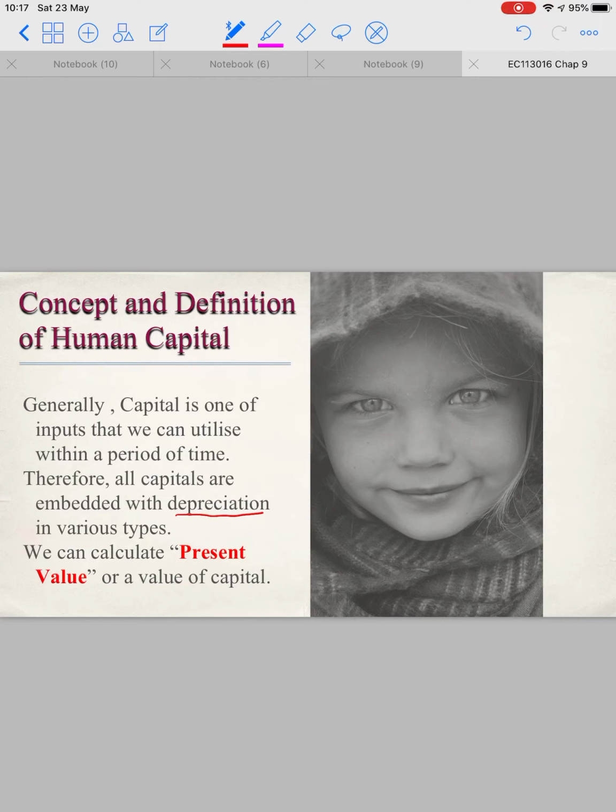So we can calculate the value of the capital, which we call present value or value of capital. The depreciation is related to the interest rate, right?